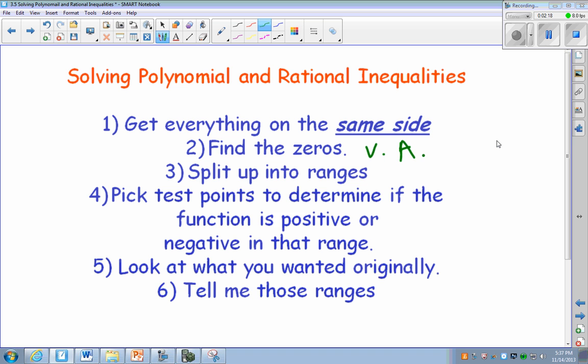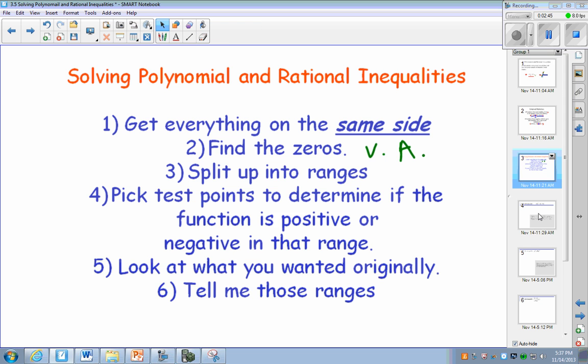And then we're going to pick points to determine whether or not our function is positive or negative in that range, which will help us determine where it's greater than or less than our other value or other function. And we look at what you wanted to originally, and so that's where we'll decide here with this positive and negative stuff. Anyways, these last couple of steps might be a little confusing, but they'll make sense in a second once we go through an example.